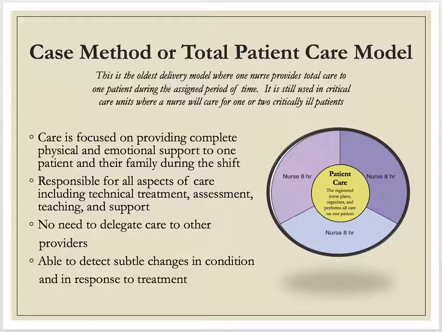The care in this model is focused on providing complete physical and emotional support to one patient and their family during the shift. The nurse is responsible for all aspects of care, including technical treatment, assessment, teaching, and support. This nurse has no need to delegate care to other providers, and this nurse must be able to detect subtle changes in condition and respond with treatment.